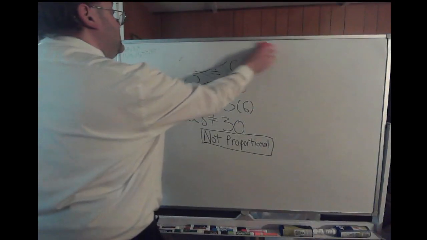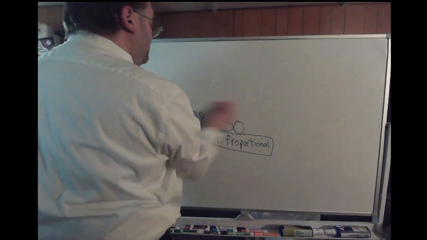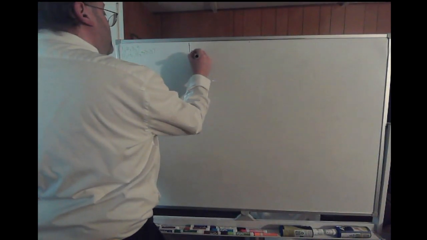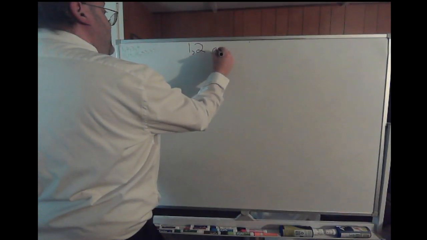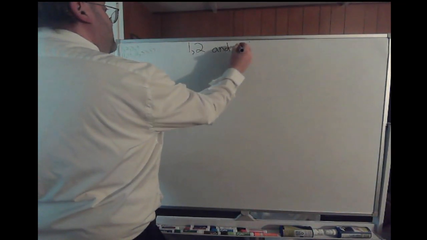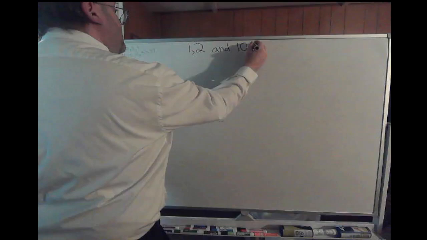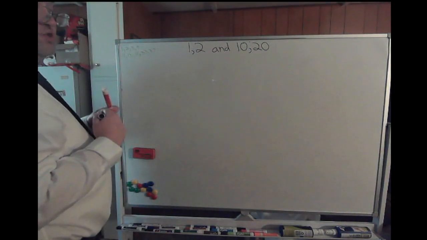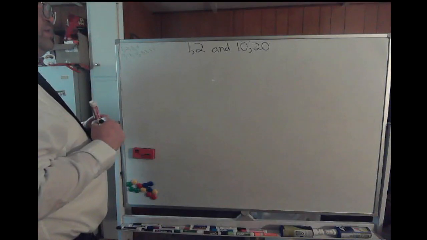All right, let's see here. Number 3. So let's say we have the numbers 1 and 2, and then we have 10 and 20. So are these two pairs of numbers, 1 and 2 and then 10 and 20, proportional to each other?